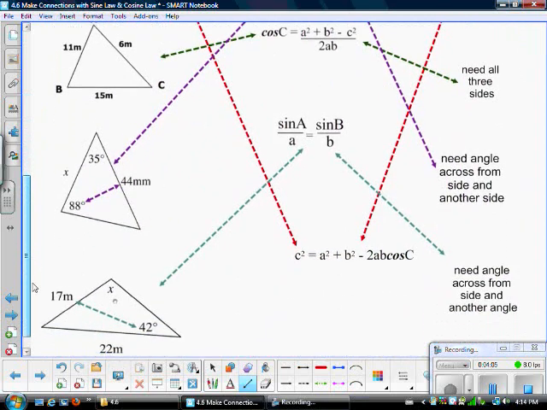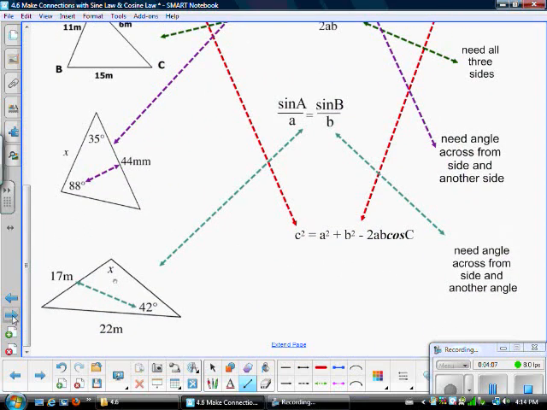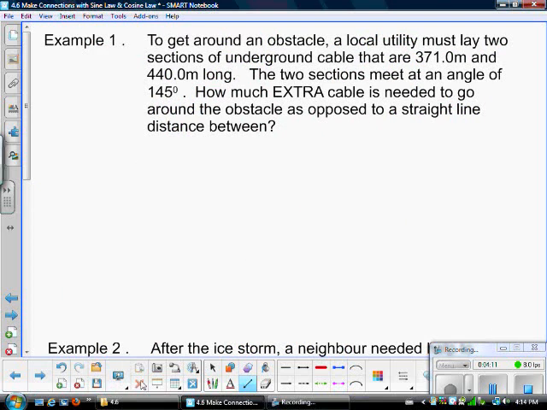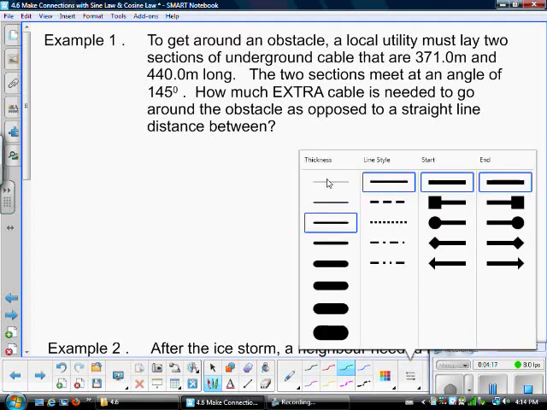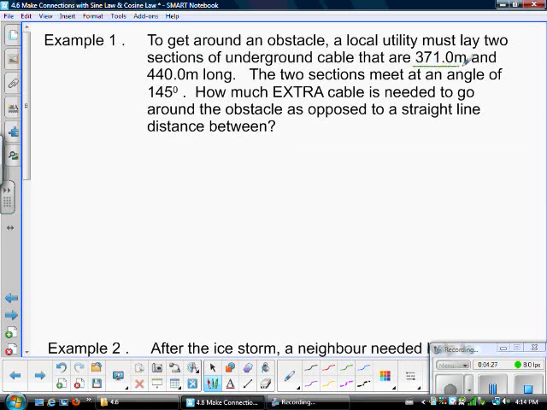But what we're going to do is actually do some examples and work a little more closely with our sine and cosine law. So our first example. All right, it says, to get around an obstacle, a local utility must lay 2 sections of underground cable that are 37.1 meters and 40.0 meters long.